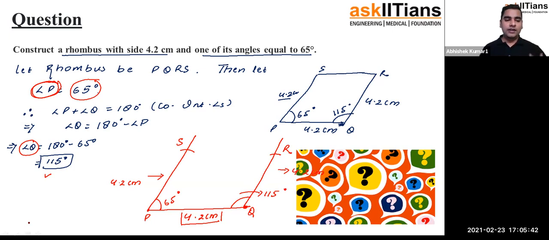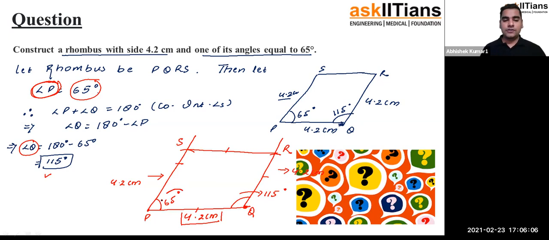Now what needs to be done to get your required quadrilateral, that is PQRS? All you need to do is join R and S. When you join R and S, you will automatically get your rhombus and all the properties of a rhombus will be satisfied here. So PQ will be equal to QR, equal to RS, equal to PS.